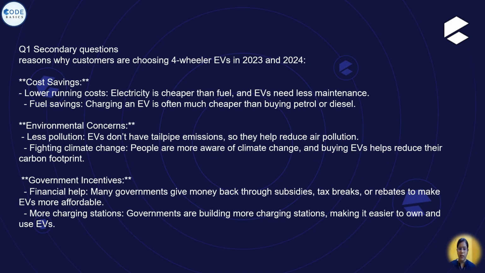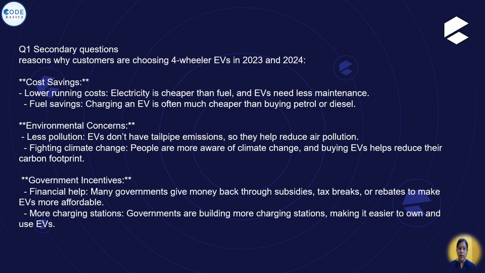Reasons why customers are choosing four-wheeler EVs in 2023 and 2024. Due to cost saving, environmental concern and government incentives, in 2023 and 2024 most of the customers chose four-wheelers. As per cost saving, electric vehicles are cheaper than fuel, EVs need less maintenance, and they save fuel. Charging an EV is often much cheaper than buying petrol or diesel.